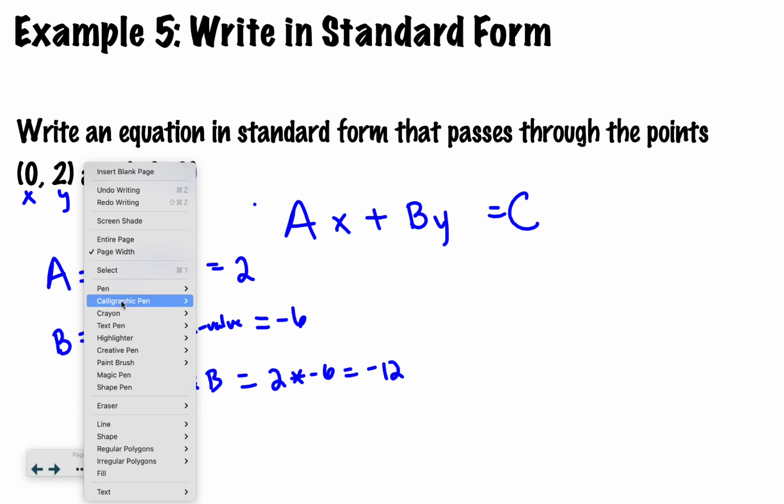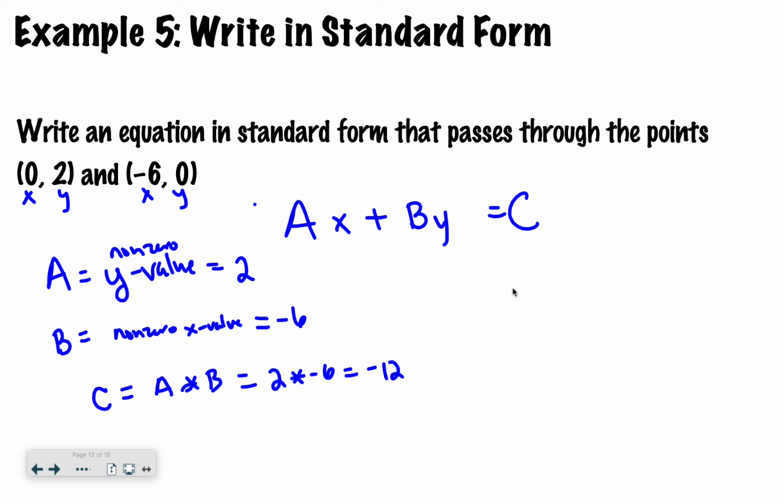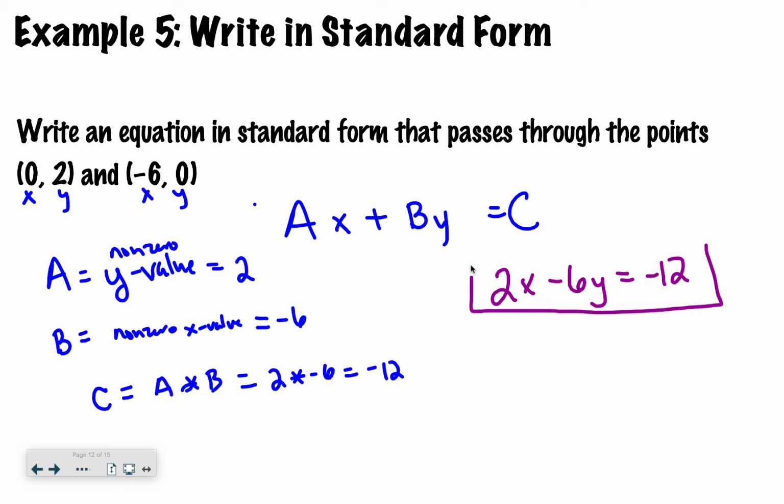So then the way that you write it is you'd write 2x plus, instead of B, I would write -6. So I'm actually going to say 2x minus 6y equals -12. And that is your final answer, okay? So as long as you remember that A is your non-zero y value, B is your non-zero x value, and then C is A times B, you are good to go.